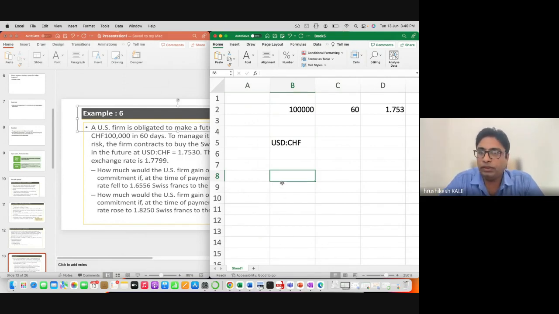The question is, what will happen if the spot rate after 60 days is 1.6556? This is your calc.